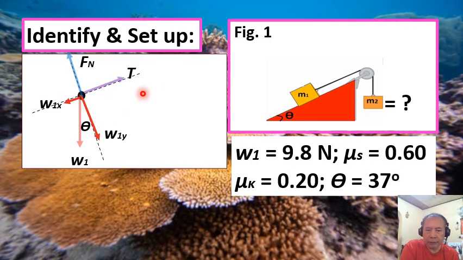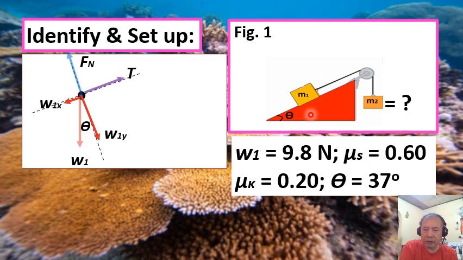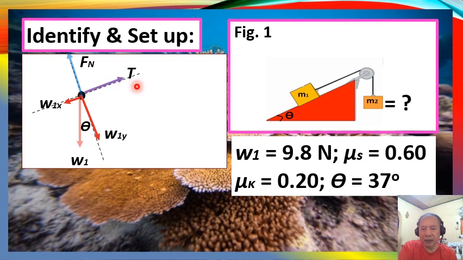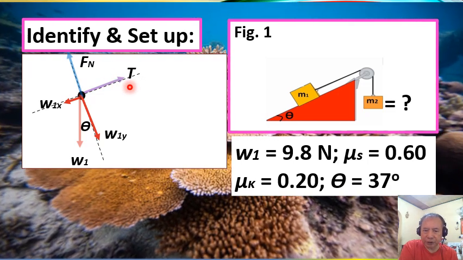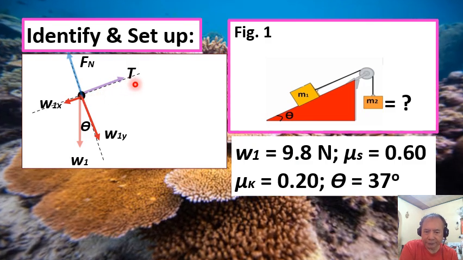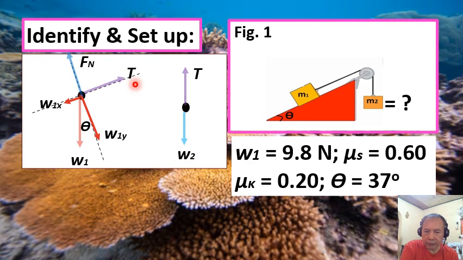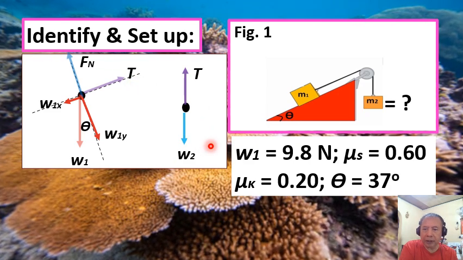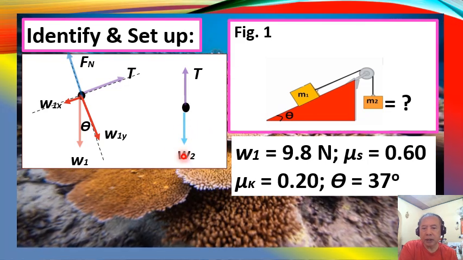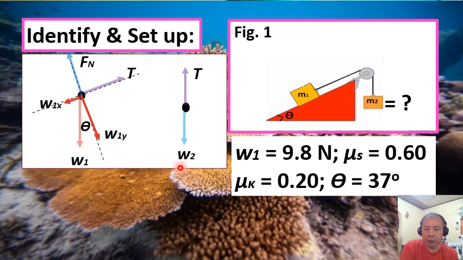The force exerted by the cord on the mass m1 is labeled here as capital T, as in the tension force, and it is directed up the incline. Now, for the hanging block with mass m2, there is the weight of m2, labeled W sub 2.